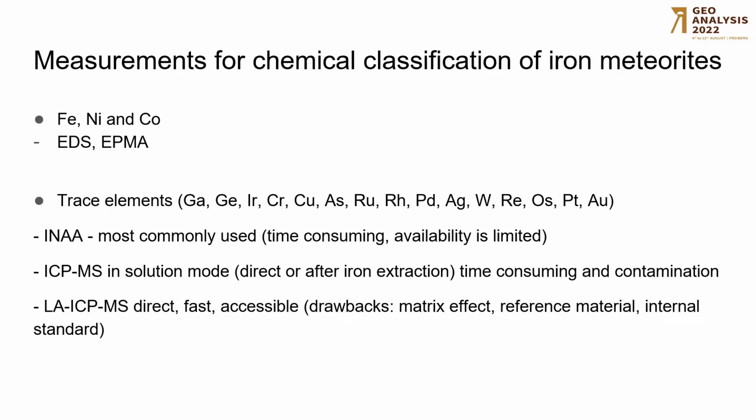The use of LA-ICP-MS for in situ solid sample analysis is a fast, direct, and accessible alternative, almost without sample preparation. In both cases, ICP-MS is remarkably faster than INAA, presents multi-elemental capability, and adequate detection limits.